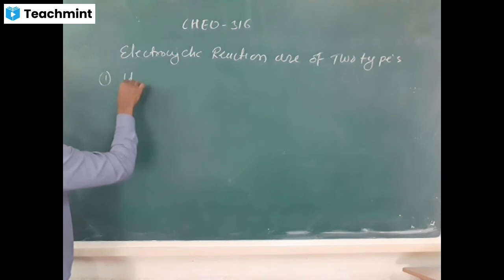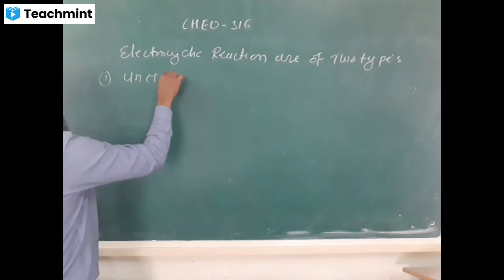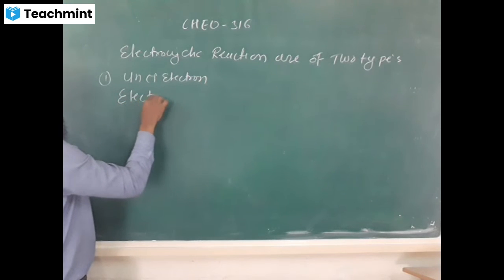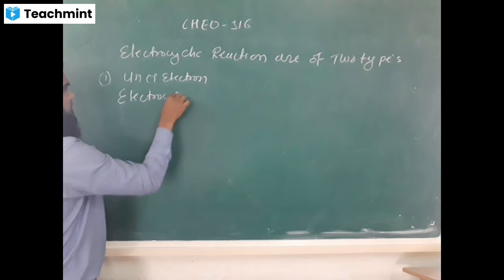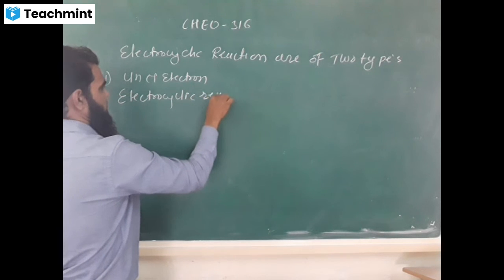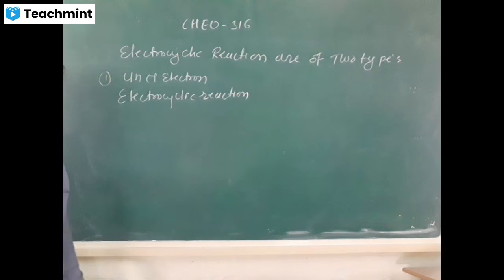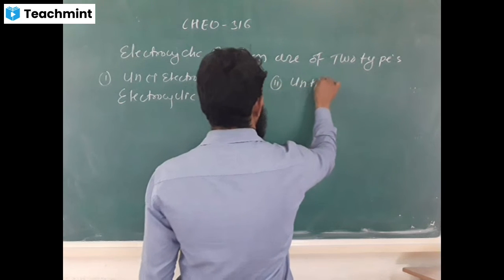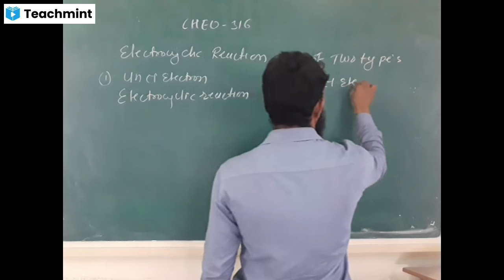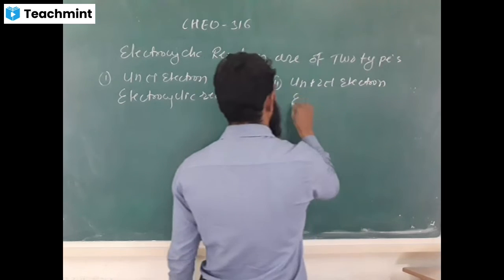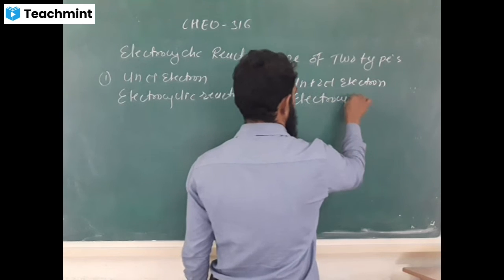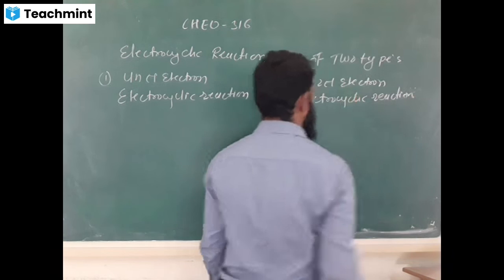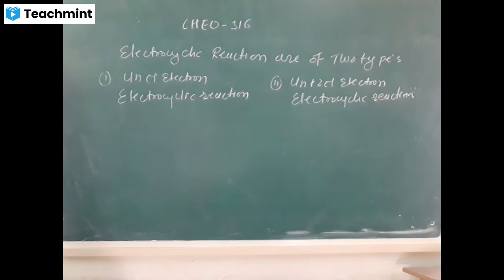First one is 4n pi electron electrocyclic reaction, and second one is 4n+2 pi electron electrocyclic reaction.